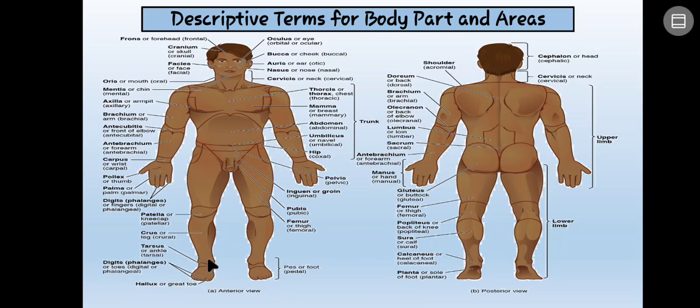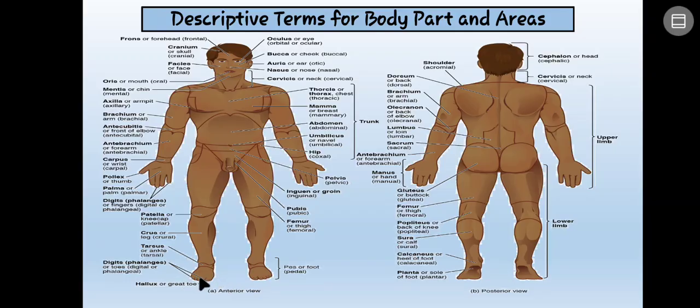And this side is the tarsal. I mentioned that here is the carpal or the carpus, the wrist. What we refer to as the wrist is the carpal or the carpus. Then we have the digits or the phalanges. At the hand we have the digits as well, or the phalanges or the fingers.